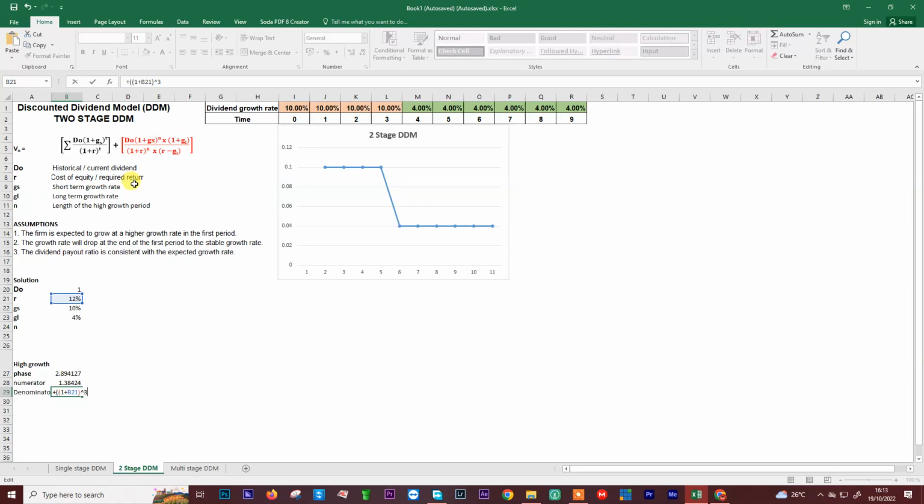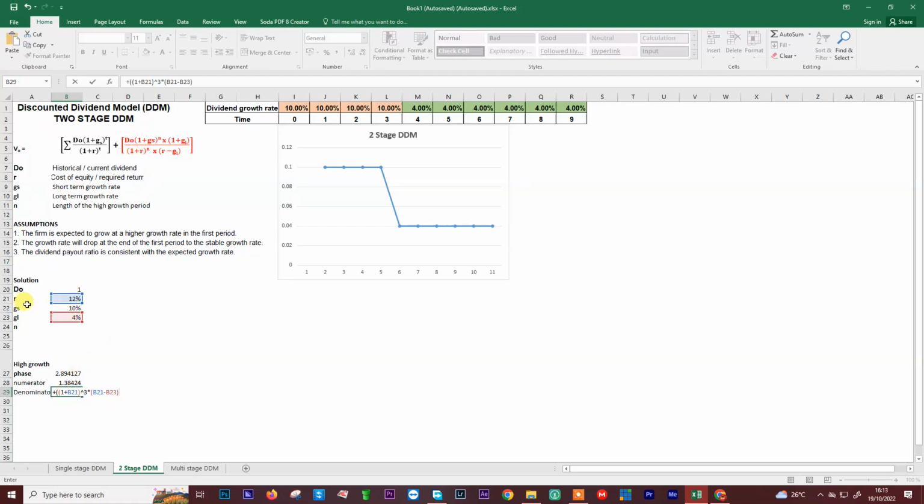And then what do we do? Times, we open the brackets, R minus GL, 4%. Close the bracket. Let's confirm if everything is okay. 1 plus R, so it's 1 plus B21.